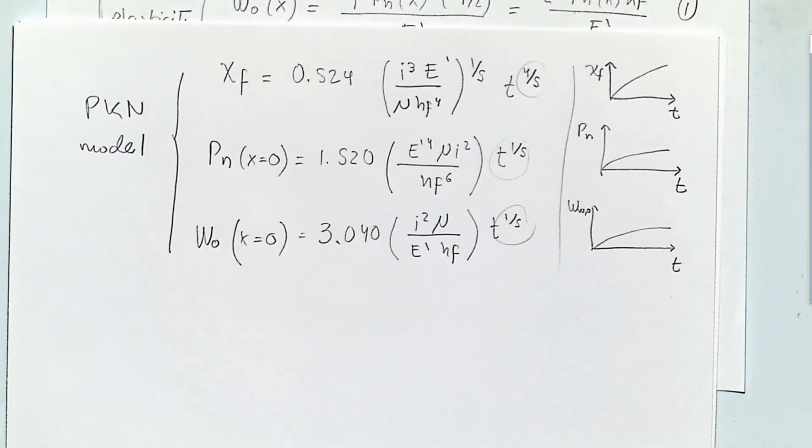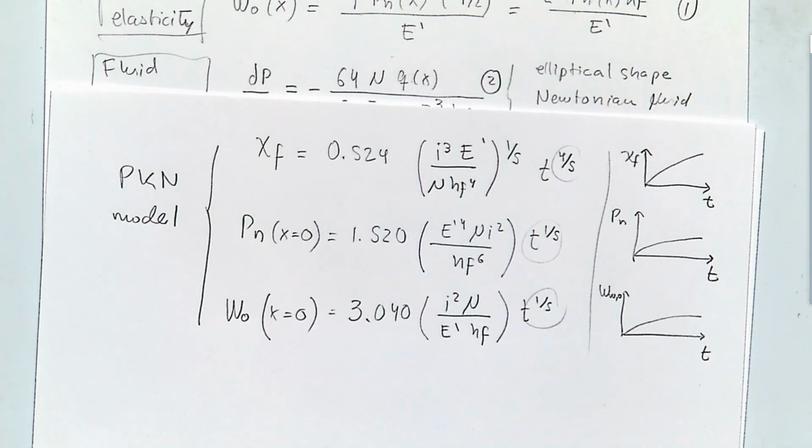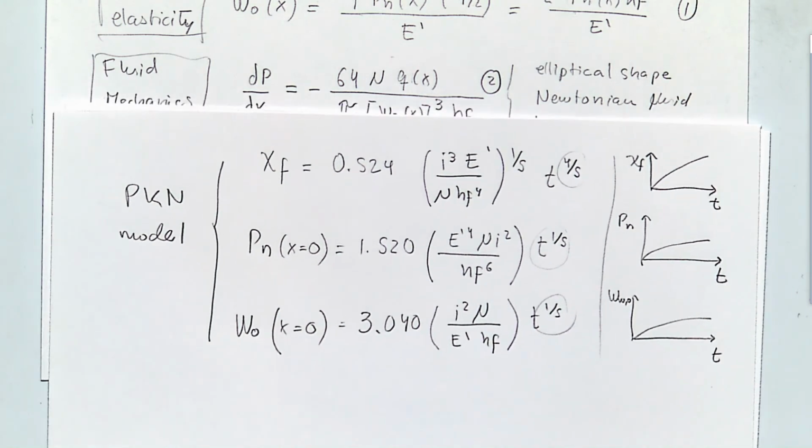Okay, so I know this was a lot of equations, but I just wanted to show that this is a very simple model and that we can derive it in 15 minutes.